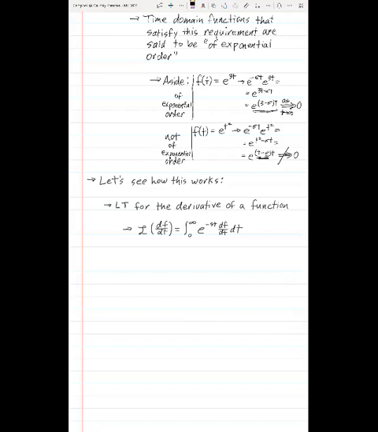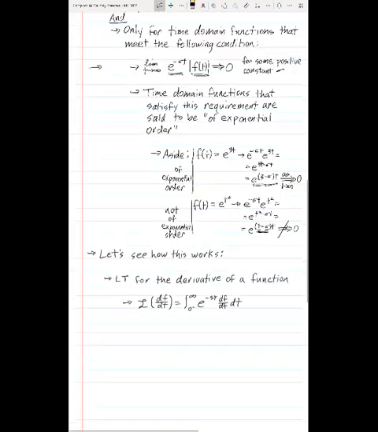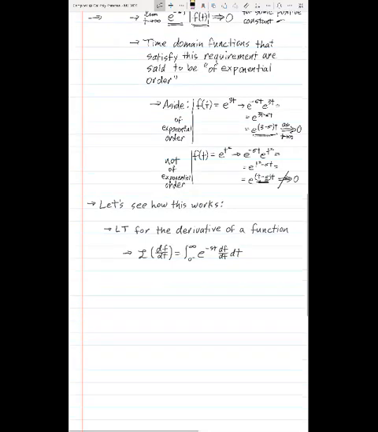Now, one thing I want to note is that the Laplace transformation that I've introduced here, and that we will be using in this class, is called a single-sided Laplace transformation. There is a little technicality that I haven't really gotten into, which is that we're really going from t equals 0 minus to infinity. That means just a little hair on the negative side of 0 is where we're actually starting.